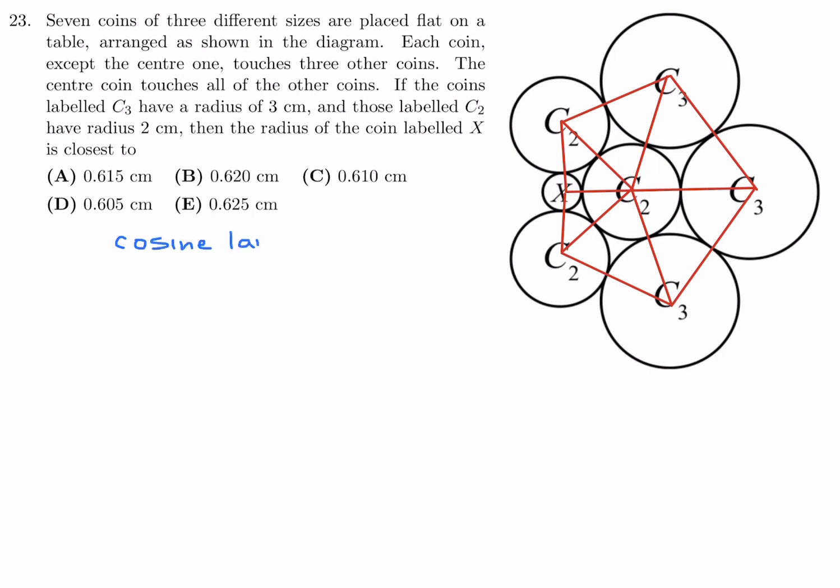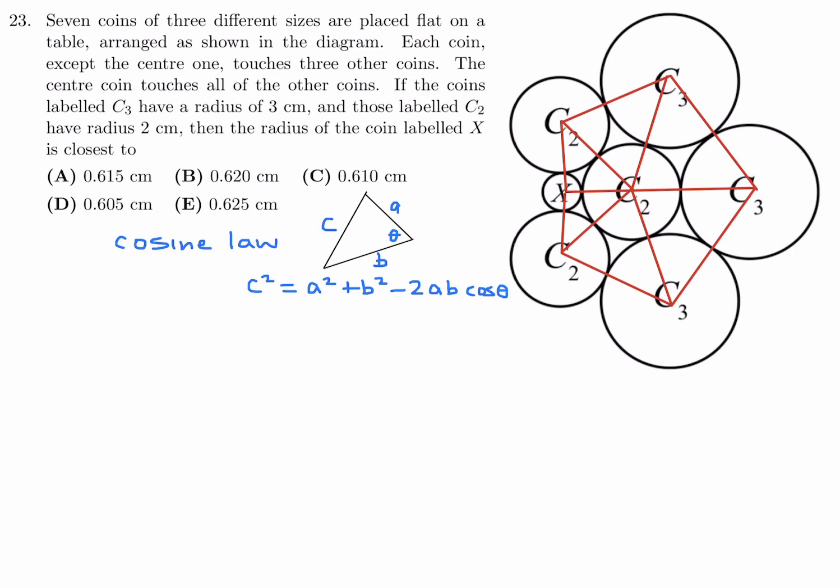And cosine law, in case you don't know, which I'm certain you do, by grade 11, is that if you have any triangle and you have the sides labeled A, B, C, and this is, say, theta, opposite the C, C squared would be equal to A squared plus B squared minus 2A times B cos theta, like that. So we are going to use that pretty much throughout this diagram, cosine law.